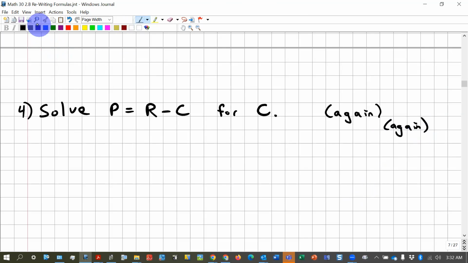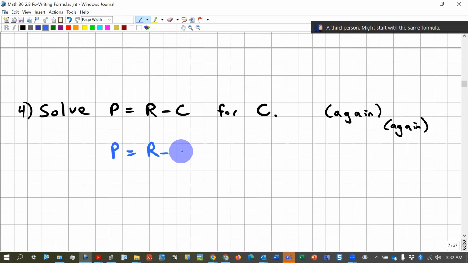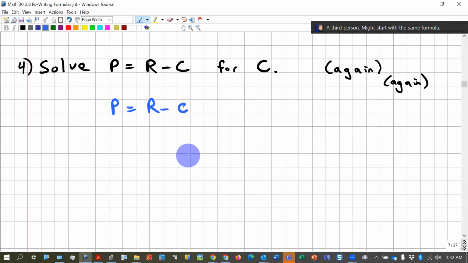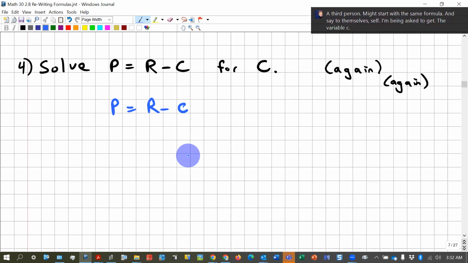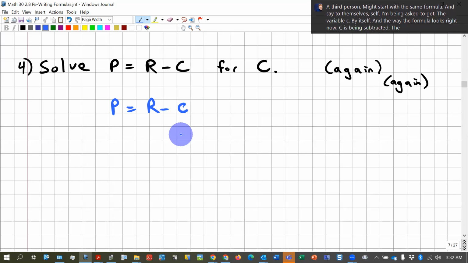A third person might start with this same formula and say to themselves, self, I'm being asked to get the variable C by itself. And the way the formula looks right now, C is being subtracted on the right-hand side.